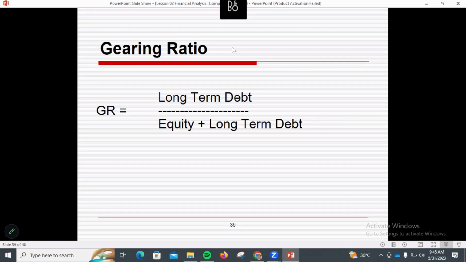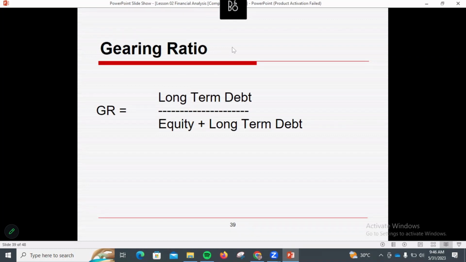There are some advantages and disadvantages of having this capital gearing. The lower gearing and the higher gearing have equal advantages and disadvantages. When the firm is going with the higher gearing, some advantages may come, but in most cases, disadvantages are there.